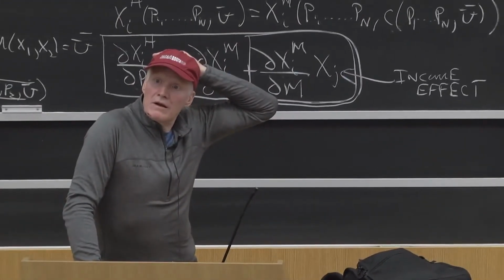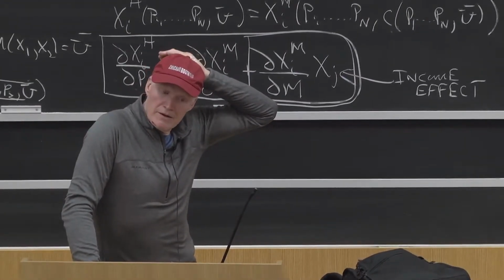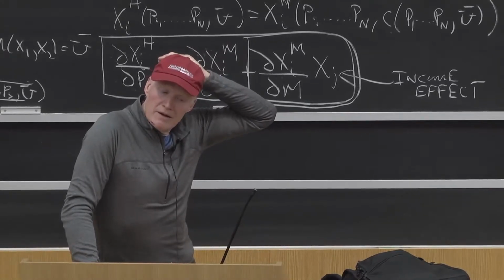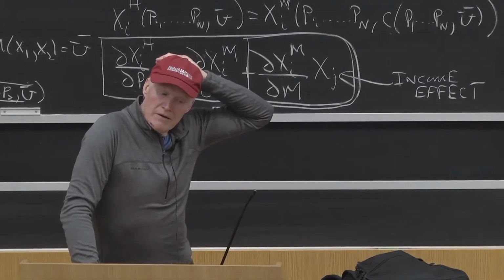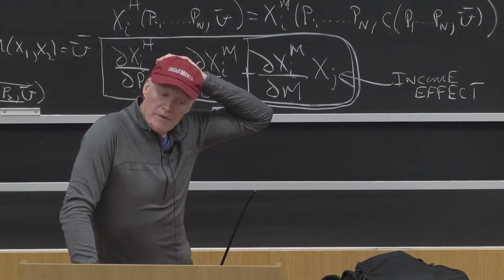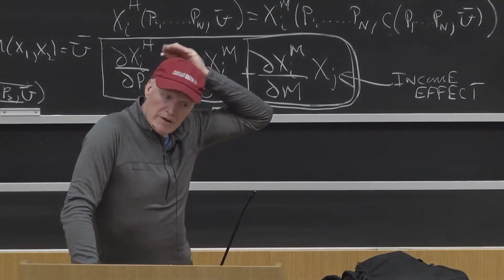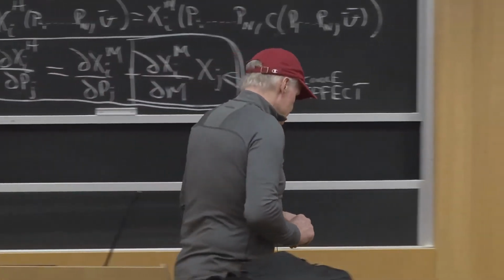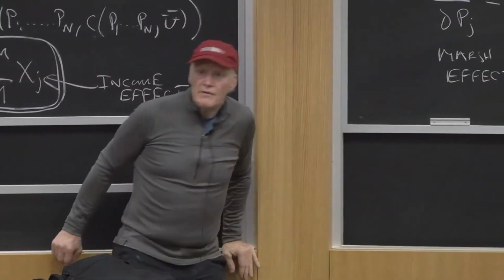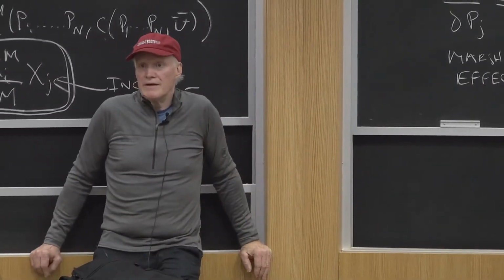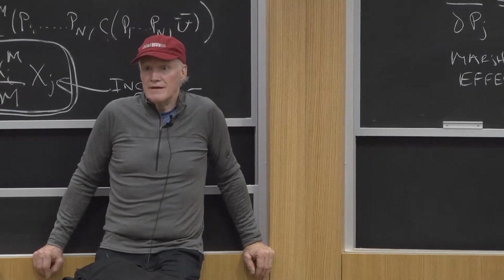Even if you wanted to just keep buying the same amount of good J, which is sort of an approximation of your behavior, then you have to spend more of your budget on the same amount of good J, and then there's less left over to buy other goods, so you have to decrease all your other purchases to compensate for the extra income on good J.